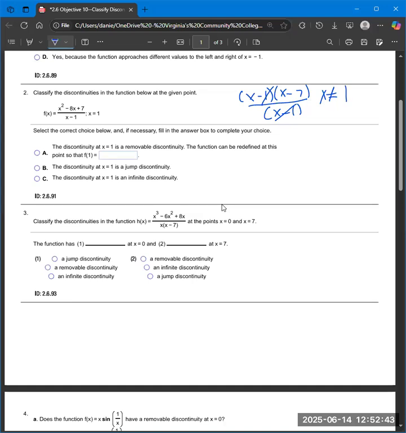So that is a removable discontinuity. If I define f of 1 by sticking 1 in here, 1 minus 7 is -6. Then I could remove the discontinuity, the hole in the graph there. So that's removable.